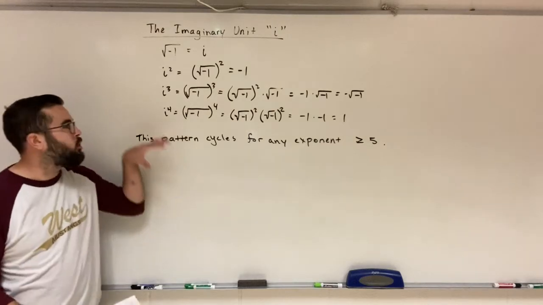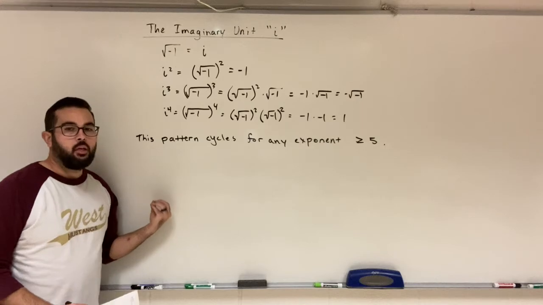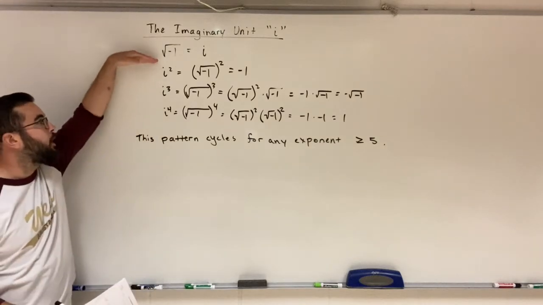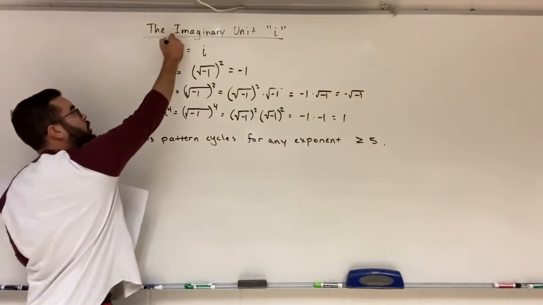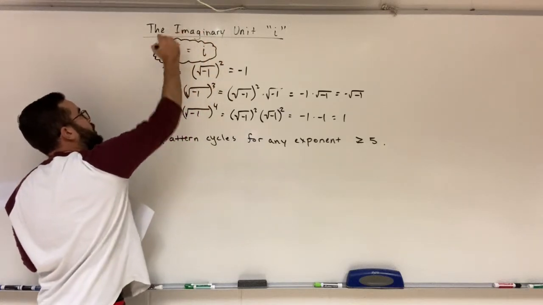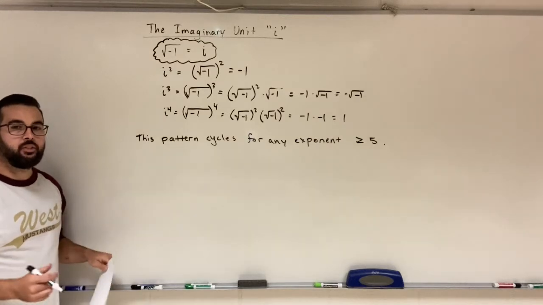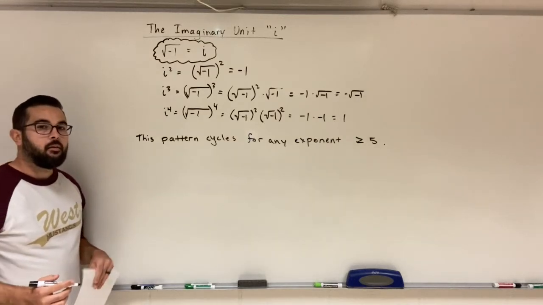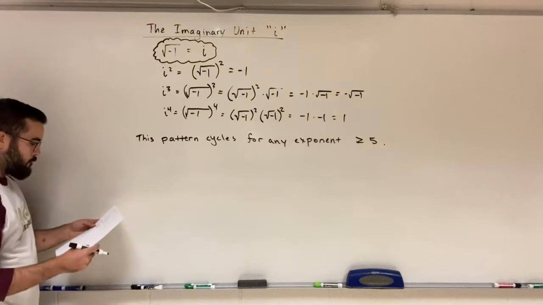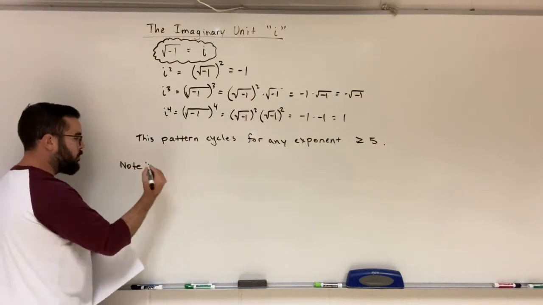This isn't real important, just some interesting things that happen when you deal with the imaginary unit i. The main thing that you need to know for today's lesson is this fact right here, because we're going to use it to simplify the expressions you'll see in a second.